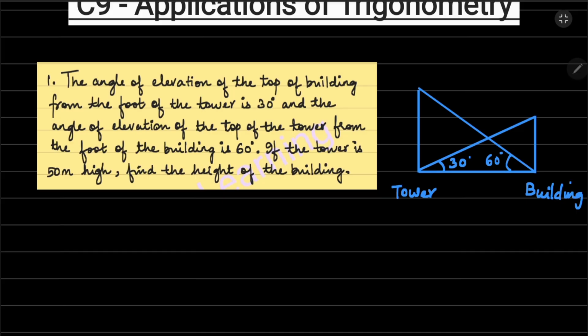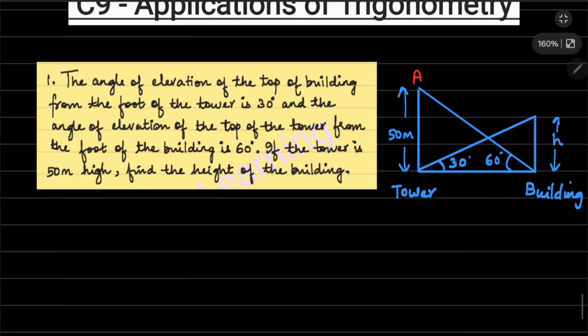The height of the tower is 50 meters, and you have to calculate the height of the building. So let's label these A, B, C and D. Let the distance between the tower and the building be X.